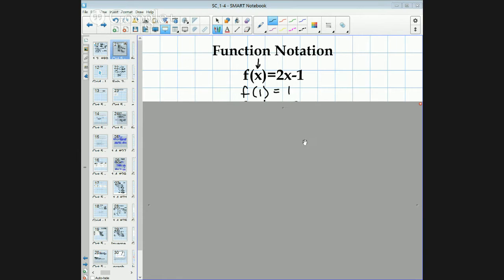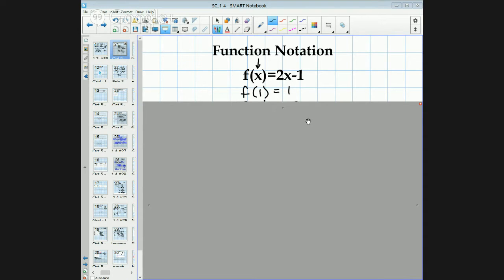So for example, see if you make sense out of this. This says f of 1 is 1. That means when I plug in 1 in f of x up here, the result is 2 times 1 minus 1 is 1, right? 2 times 1 is 2. 2 minus 1 is 1. So when I substitute 1, I get 1.